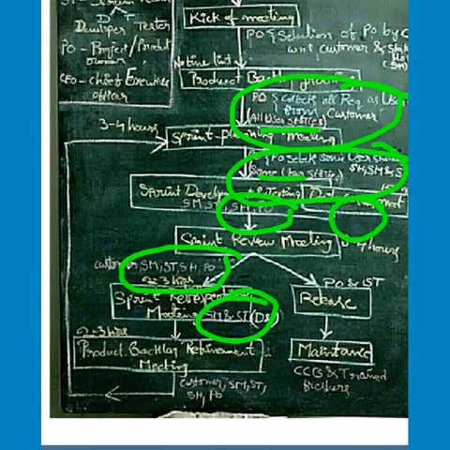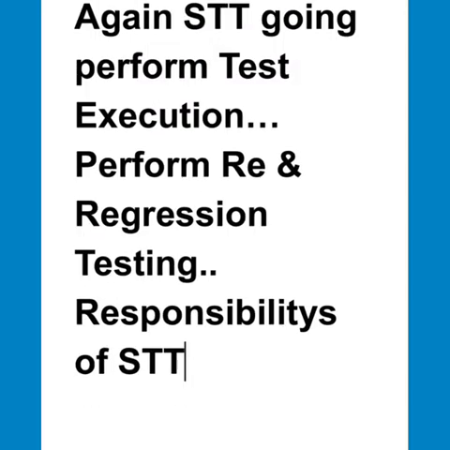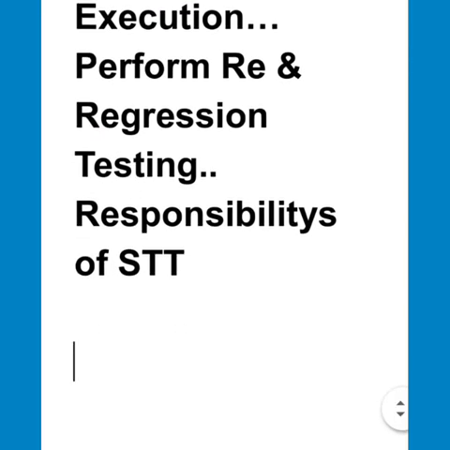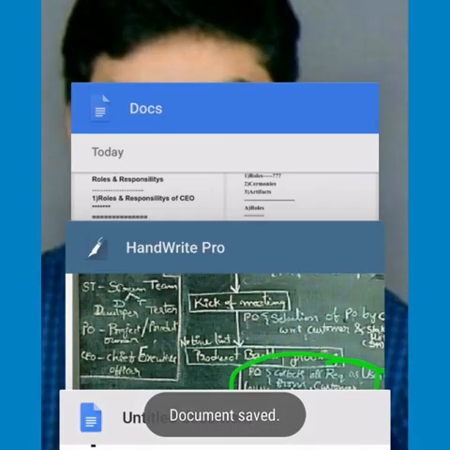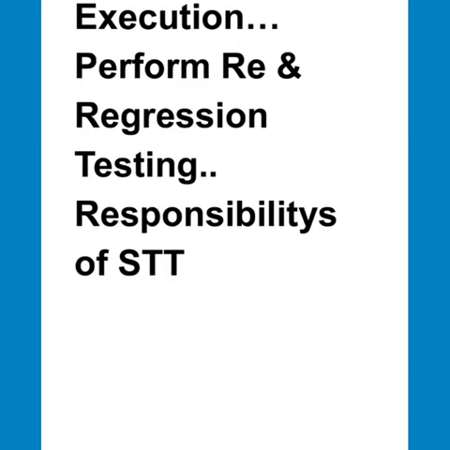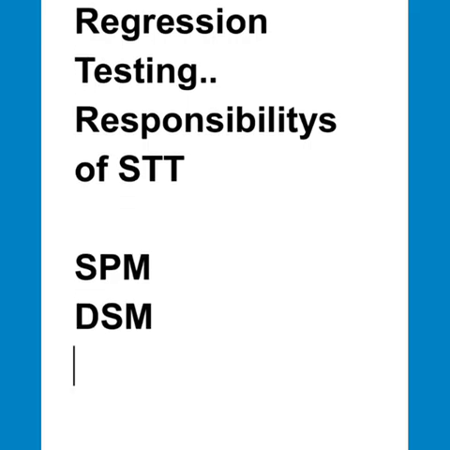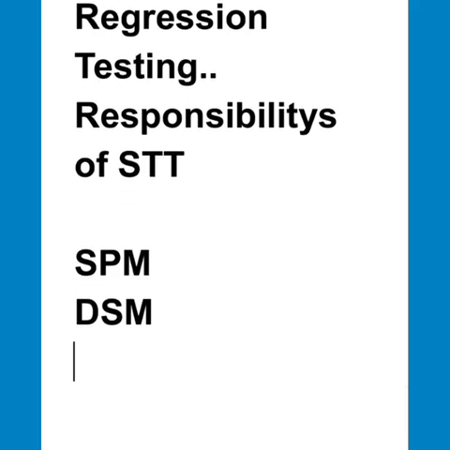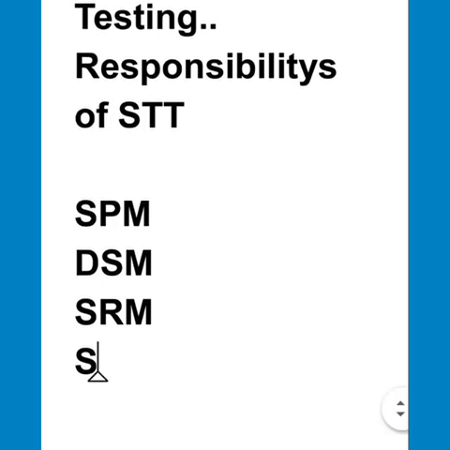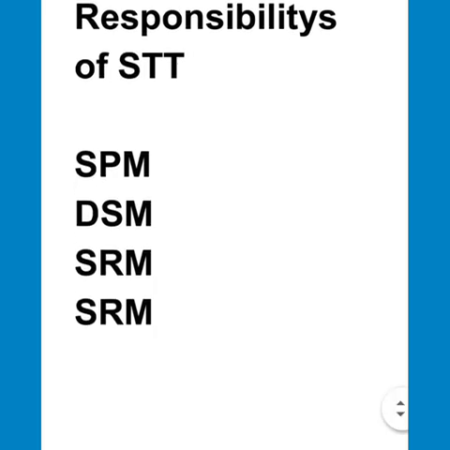These are the meetings that the Scrum team tester has to participate in. You have to participate in the sprint planning meeting, next the daily Scrum meeting, then the sprint review meeting, and the sprint retrospective meeting and product backlog refinement meeting.